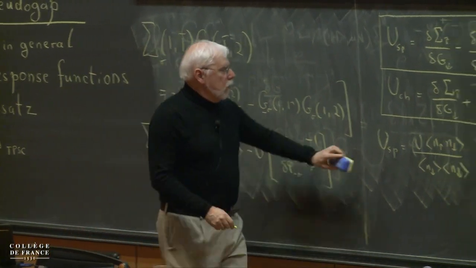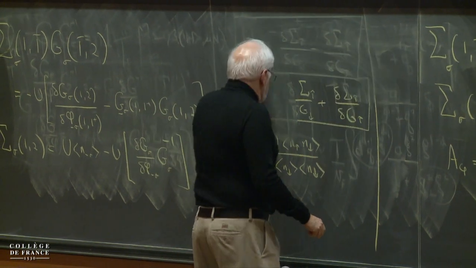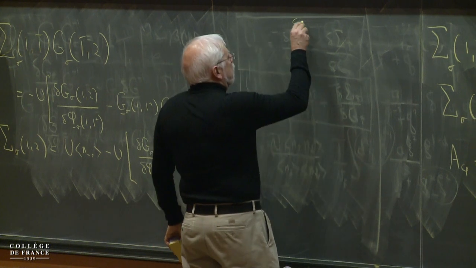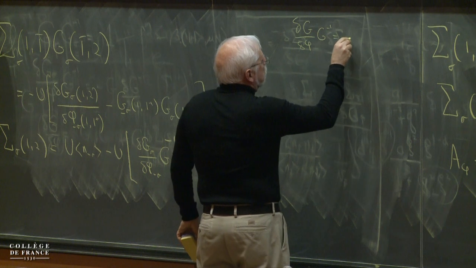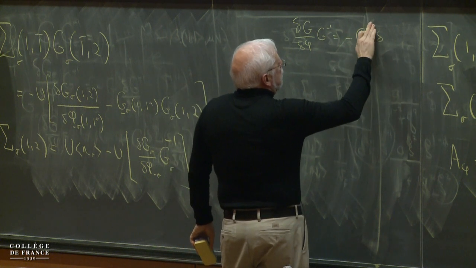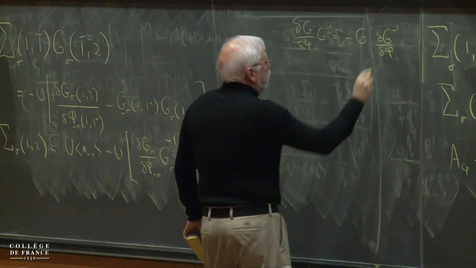And if you remember how I did the response functions, they were obtained like this. Delta G, delta phi, G minus 1 was minus G minus 1, delta G minus 1, delta phi.